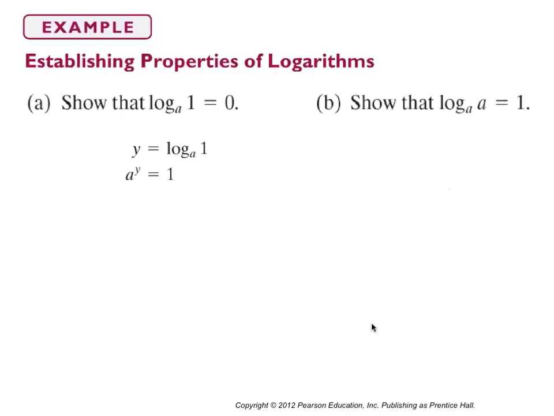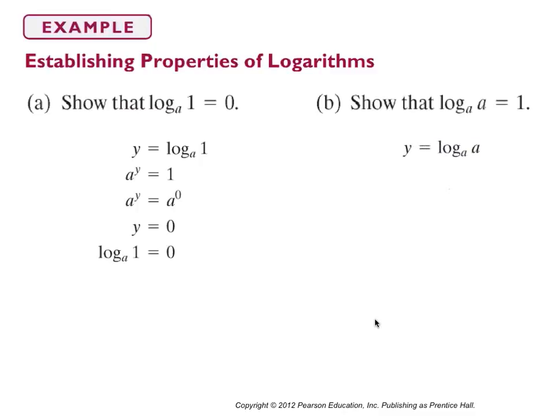So we have a to the y equals 1. And if you think about this, we know that a to the y is going to be equal to a to the 0 power because any number to the 0 power just gives you 1. And now we have the same bases, so we can just set the exponents equal to one another, so we just get y equals 0. So this shows that log base a of 1 is equal to 0.